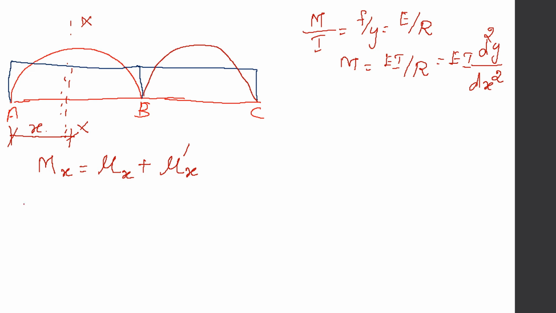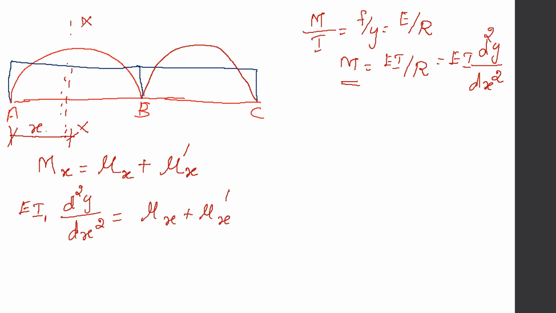So we will replace M x by EI into d square y by dx square. So we get EI1, because we are taking the span 1, so the moment of inertia is I1. So EI1 into d square y by dx square is equal to mu x plus mu x dash.